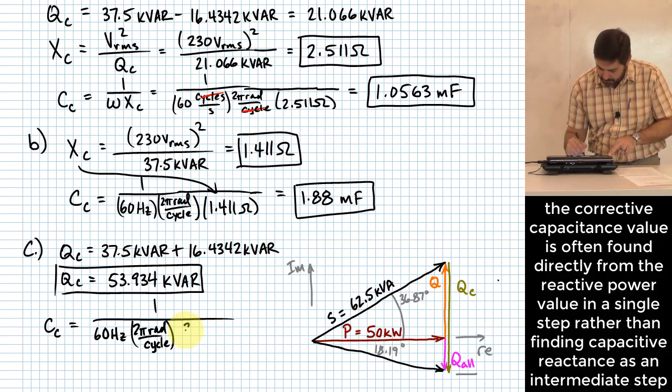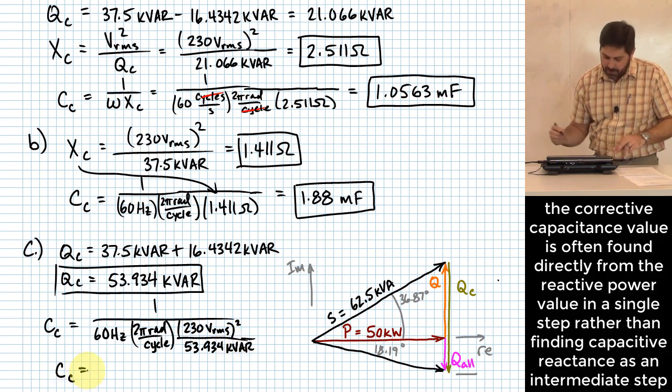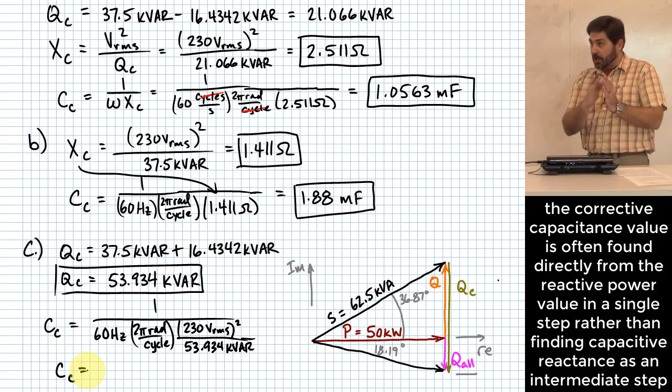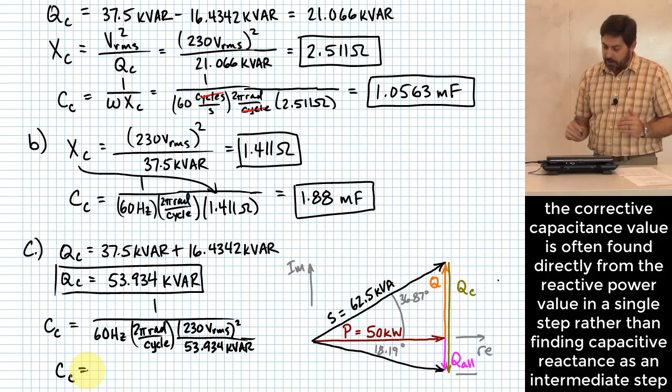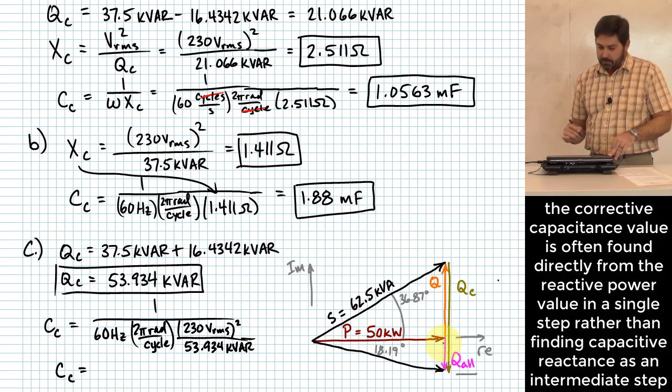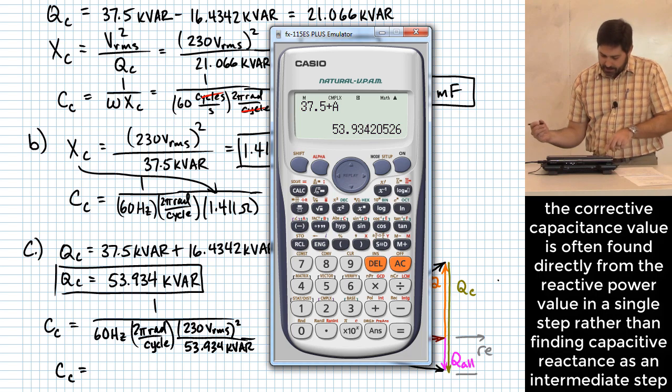So that's just going to be equal to 230 volts RMS, squared, and we'll divide that by 53.934 kVAR. And that tells me that if I go above this capacitor value, it causes me to go back below my acceptable power factor. I can calculate that with this number.